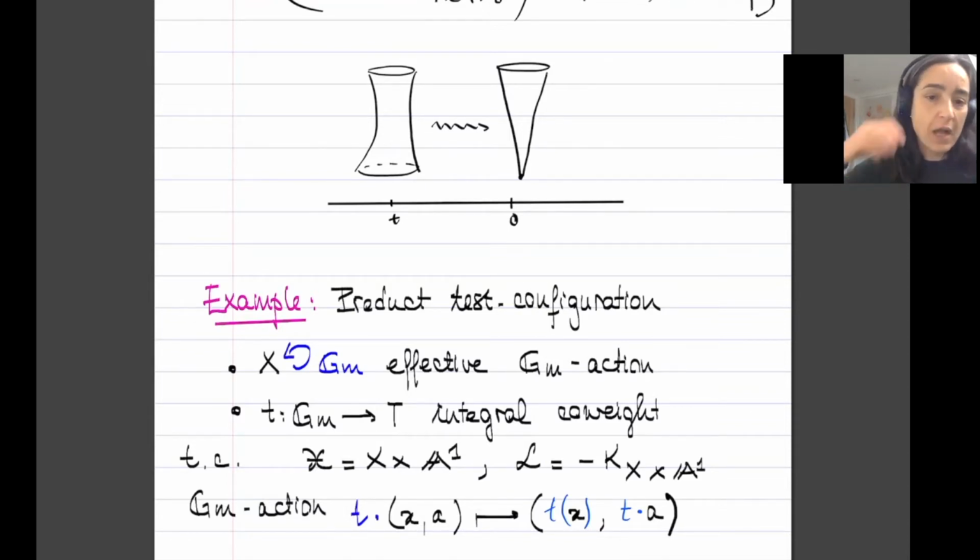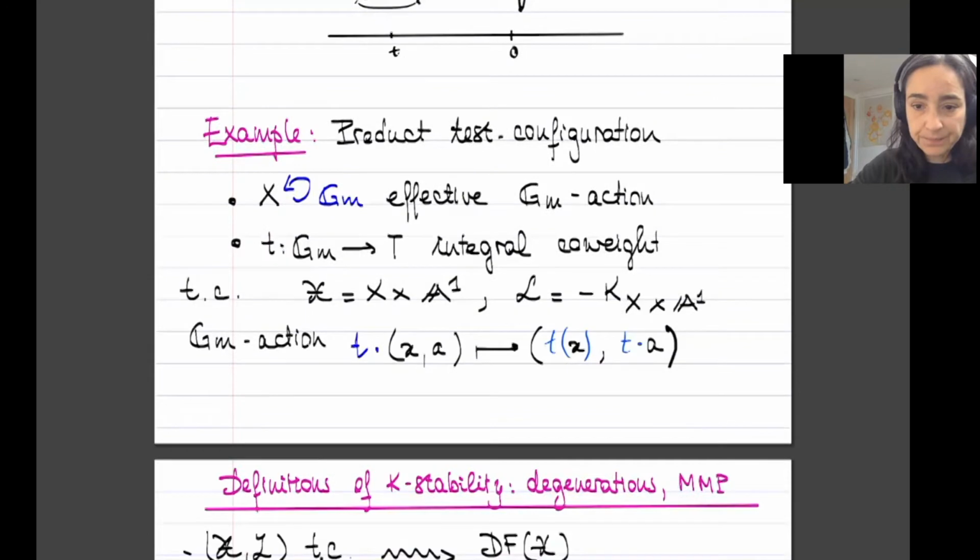If you imagine that you have a Fano threefold, or a Fano variety more generally, which has an effective G_m action, then taking any integral coweight of this G_m action will give you a test configuration where you take the product of X with A¹, the anti-canonical line bundle of the product, and the G_m action being given by t acting on the pair (x, a) by (t·x, t·a). So this is a product test configuration.